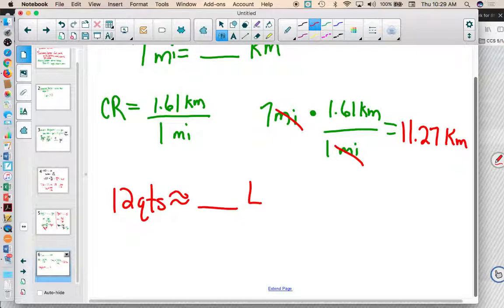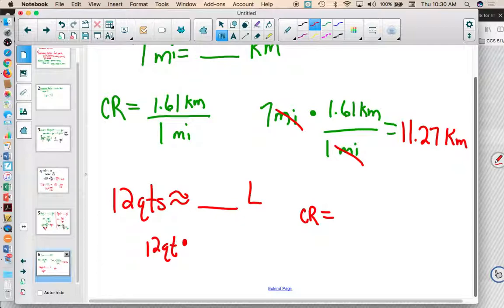First of all, I've got to find the conversion rate. What's the conversion rate? I could just do it this way, 12 quarts times what? What's the CR? We're going from quarts to liters. Chloe, what's the CR? 0.95.